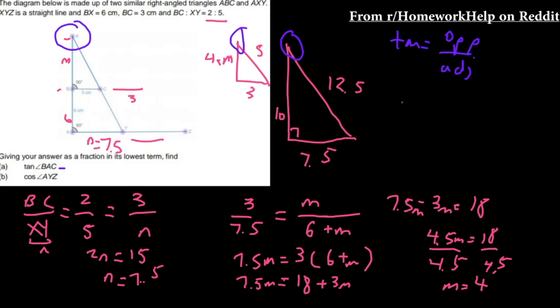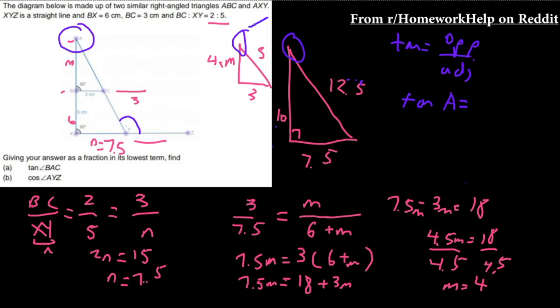So tan BAC is just tan A, and tan means opposite over adjacent. Opposite to this angle would be 3, adjacent is 4, and hypotenuse is 5. So tan of BAC is 3/4. And it says that you want to leave your answer in lowest terms, so it should be just 3/4.